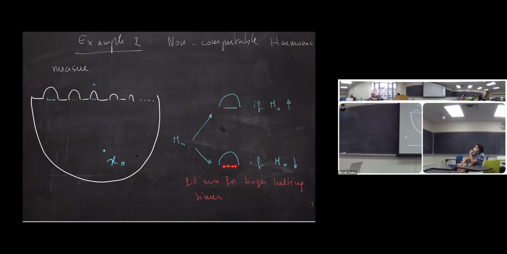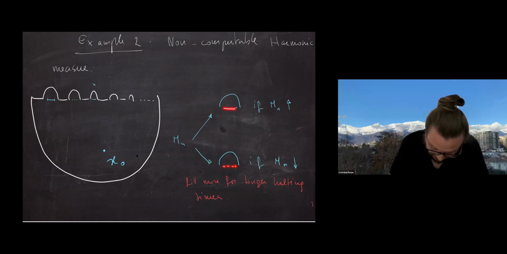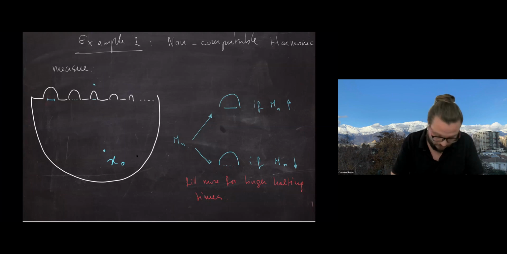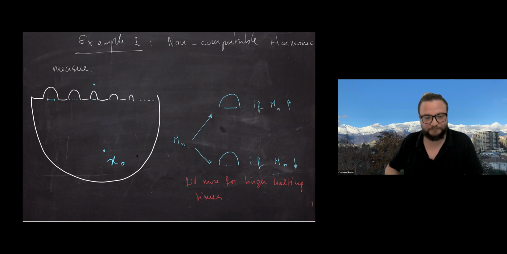For the others, where you don't know yet, you will draw a dotted line, which will approach this one in Hausdorff distance. So that's why the boundary is computable.